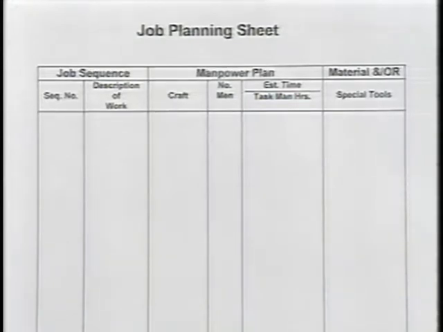So you can see what we're doing is we're planning both labor and the spare parts and the other support activities like tools, equipment, and documentation. So everything that's required for the job should be identified on the job planning sheet.